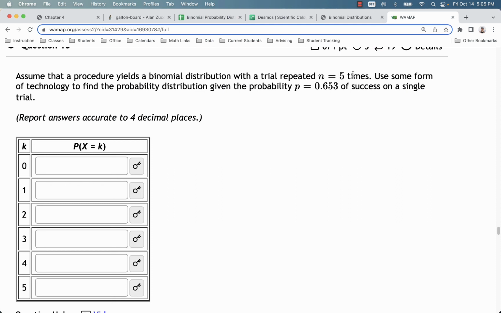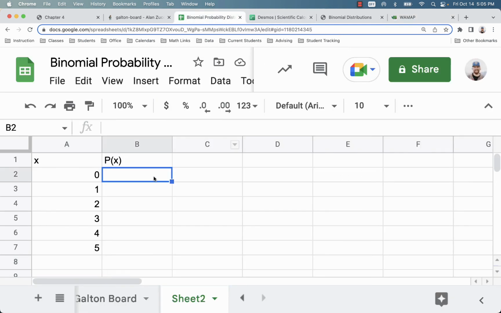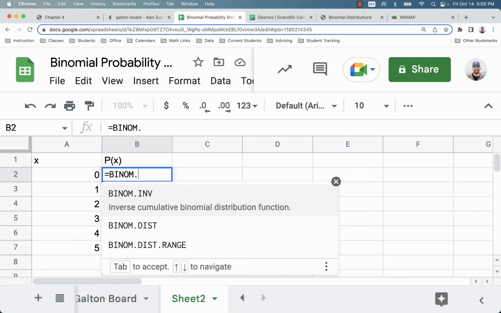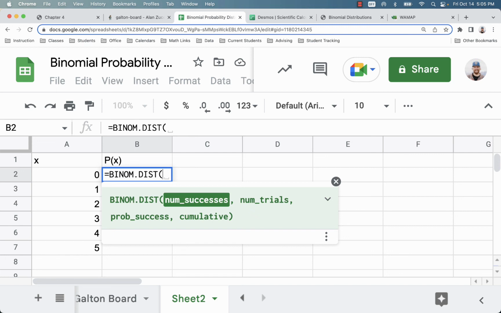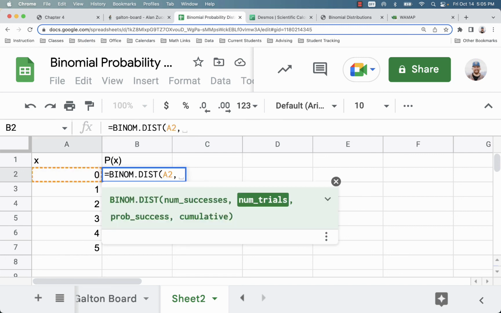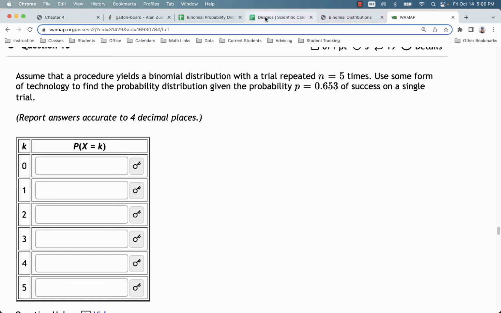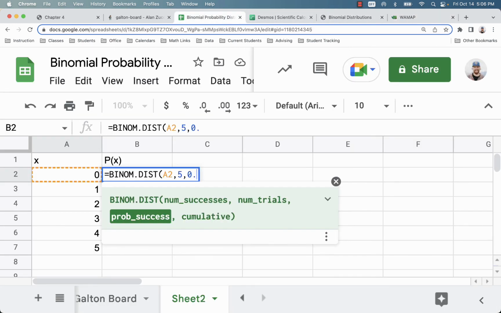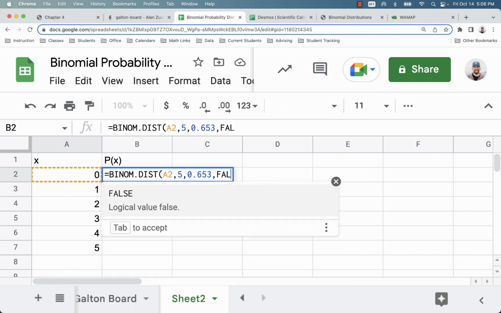This is n equals 5, 0.653 probability of success, and I can use the BINOM.DIST function. Number of successes will be in A2. Number of trials in this case is 5. Probability of success was 0.653. And then cumulative I set to false.